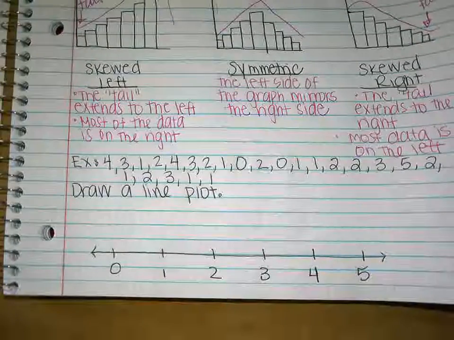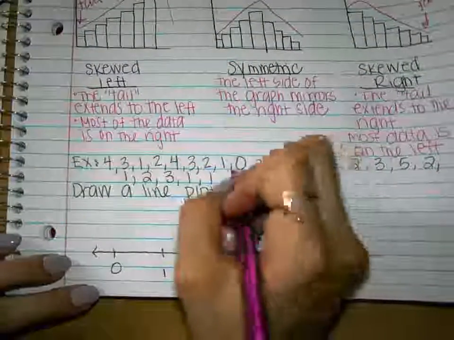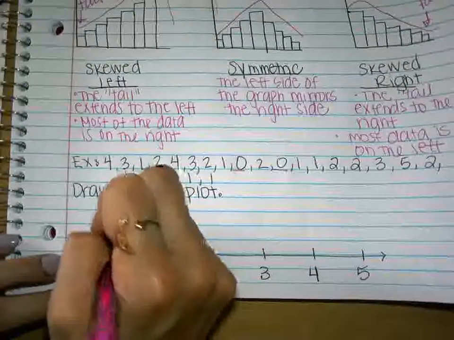Now that my number line is drawn, I can go and make my X's. I can see that there are 2 zeros.